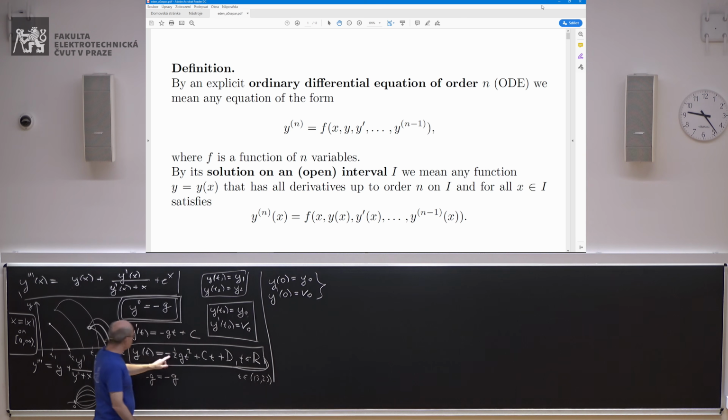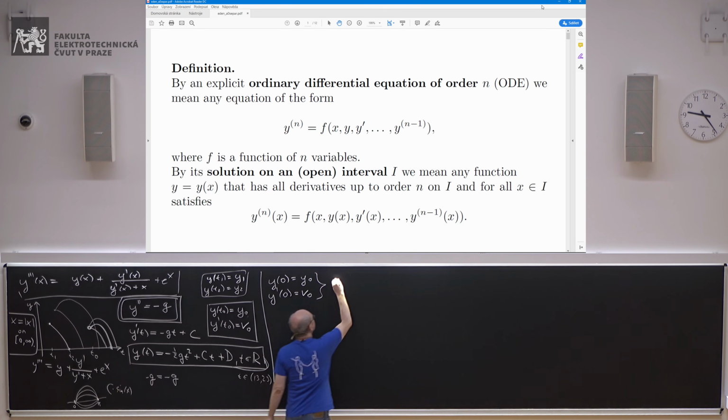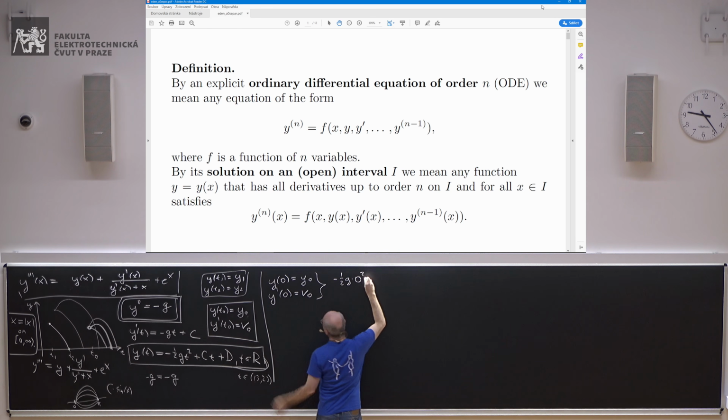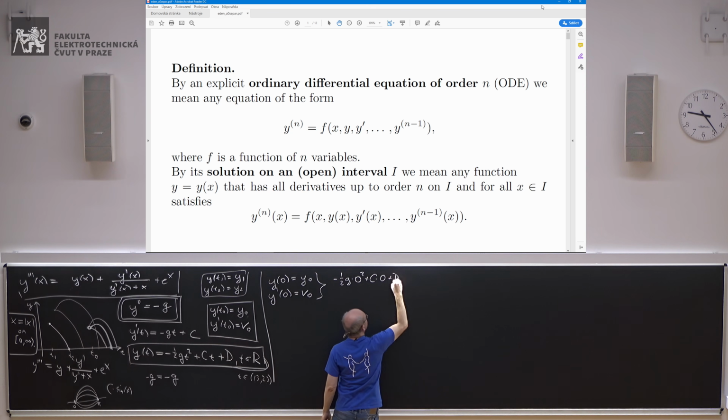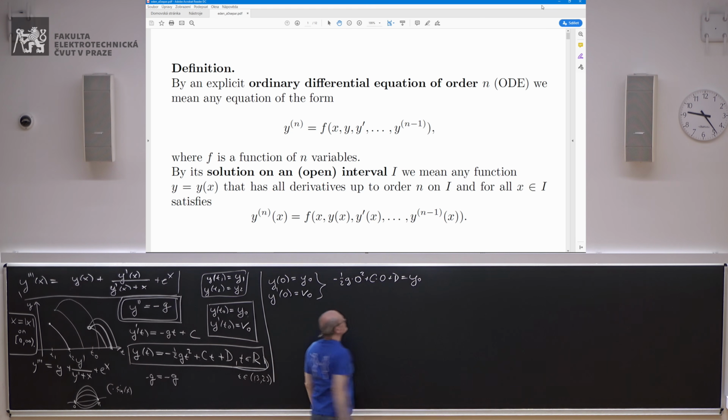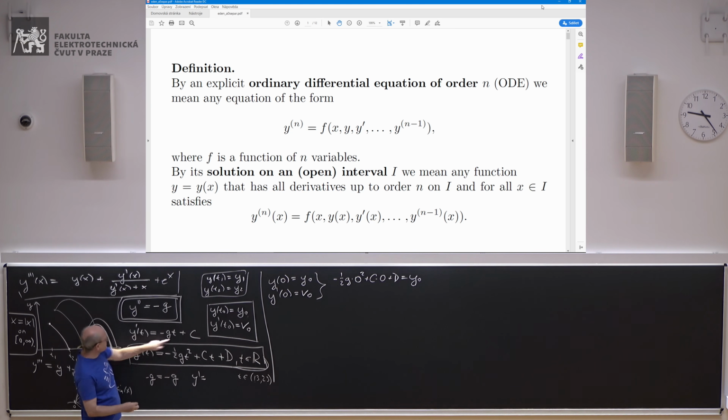Well, I get minus 1/2 g times 0 squared plus c times 0 plus d is equal to y0. That's the first equation. Let's have a look at the second one. I have to differentiate. I have to take the derivative of y. Well, okay. y prime is... well, I have it here, actually.